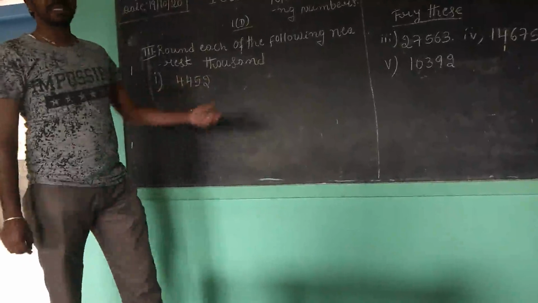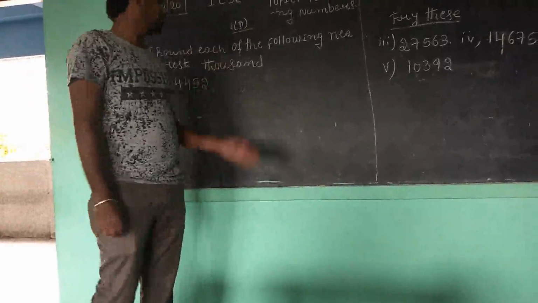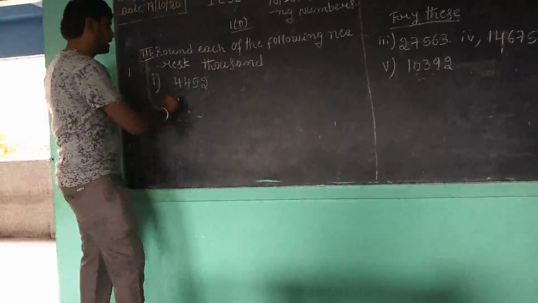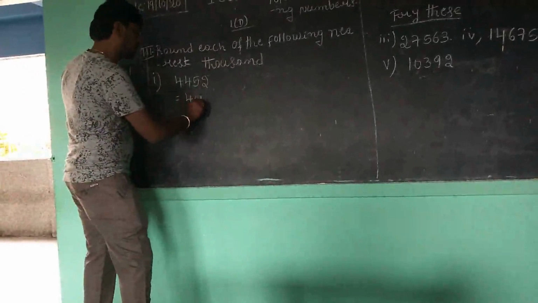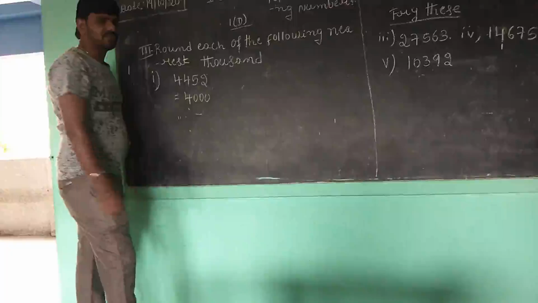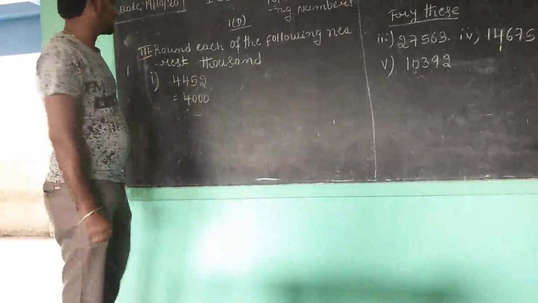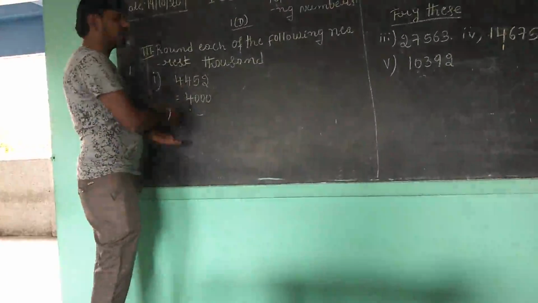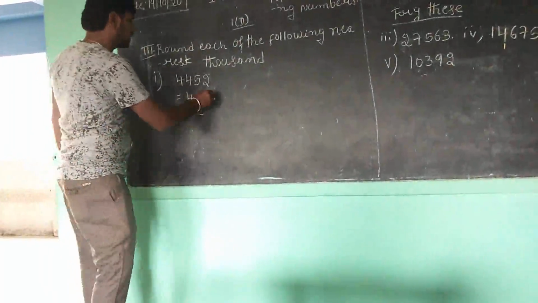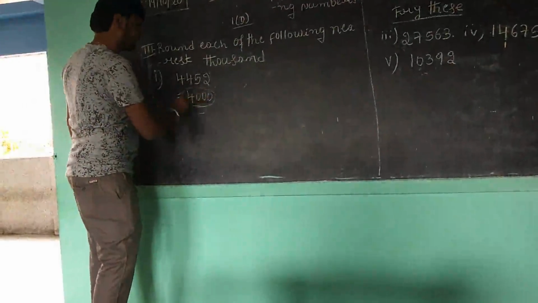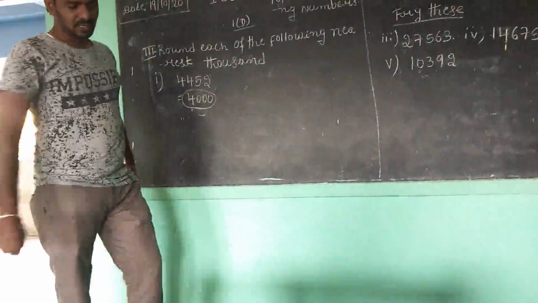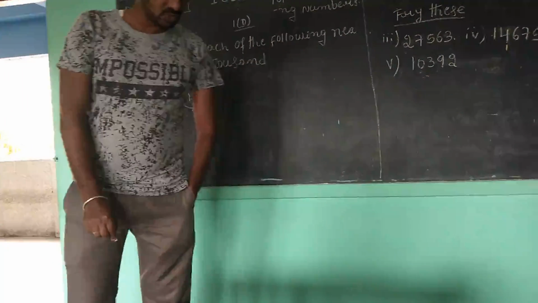The 4 is less than 5, so you take it as 4,000. If it is 5 or more, you consider the next number. Here 4,400, 4 is less than 5, so it is 4,000.